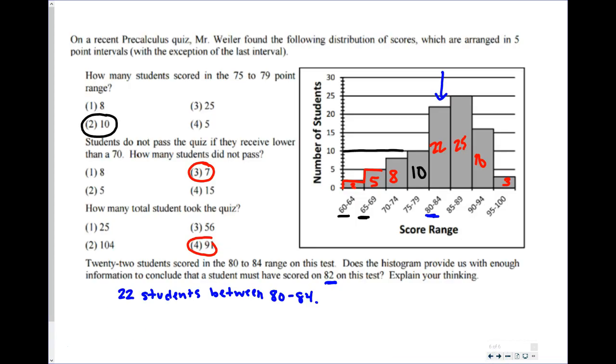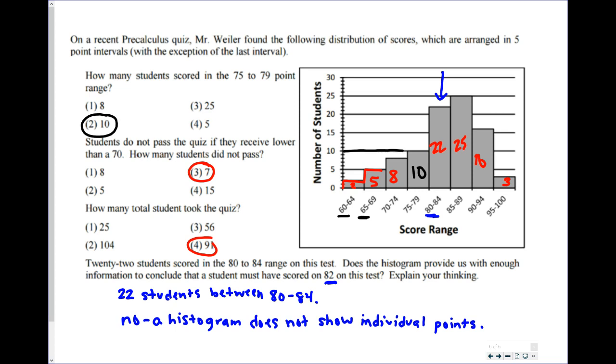So the answer to this question is no. You absolutely cannot, because a histogram does not show individual numbers, individual data points. If this problem had given me all of the scores, I could go look at the scores and see that an 82 is there, but the graph alone will not be enough.